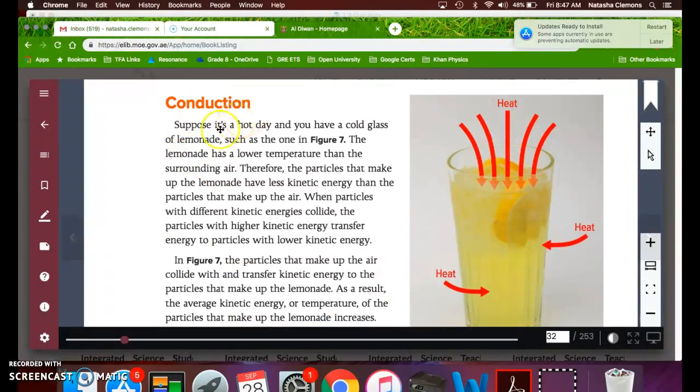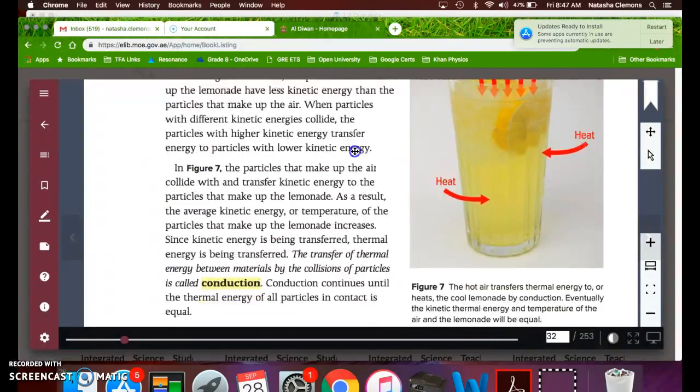Red header, conduction. Suppose it's a hot day and you have a cold glass of lemonade, such as the one in figure 7. The lemonade has a lower temperature than the surrounding air. Therefore, the particles that make up the lemonade have less kinetic energy than the particles that make up the air. When particles with different kinetic energies collide, the particles with higher kinetic energy transfer energy to particles with lower kinetic energy.